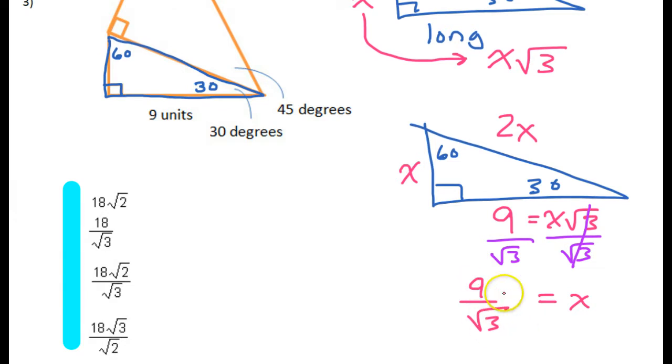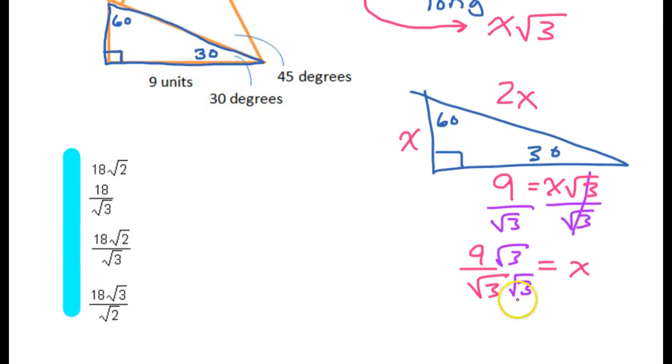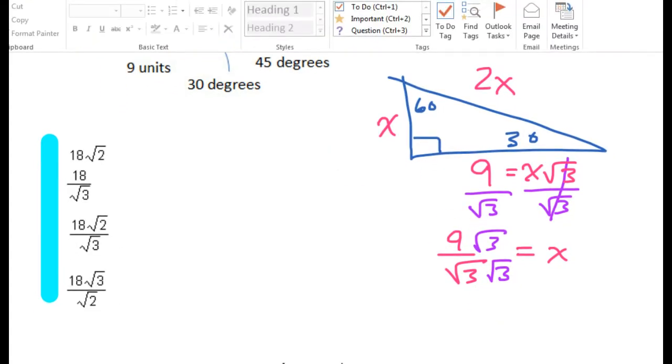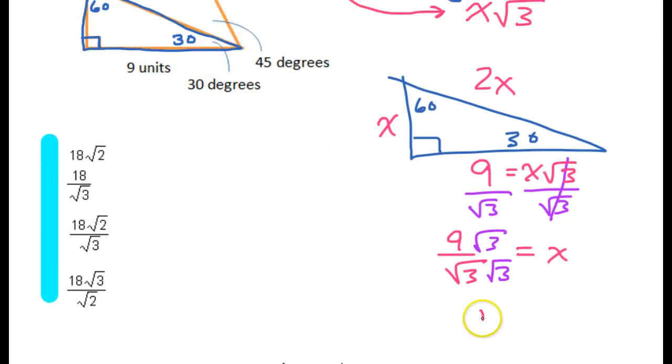Now, a lot of times we like to do something called rationalizing the denominator. I'm going to do that real quick right now. If I multiply both of these by radical 3, then that's going to turn into 9 radical 3 over 3. Radical 3 times radical 3 is 3.